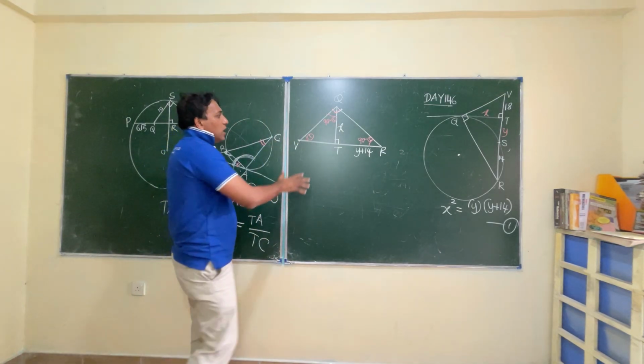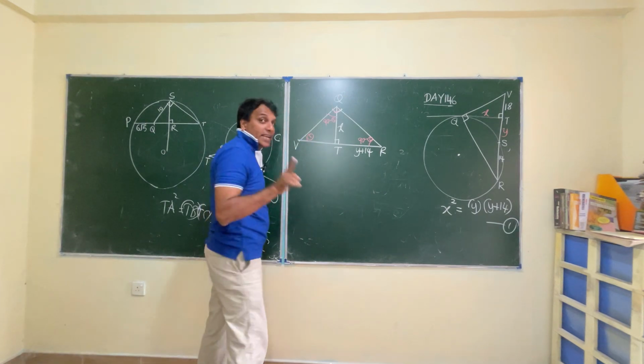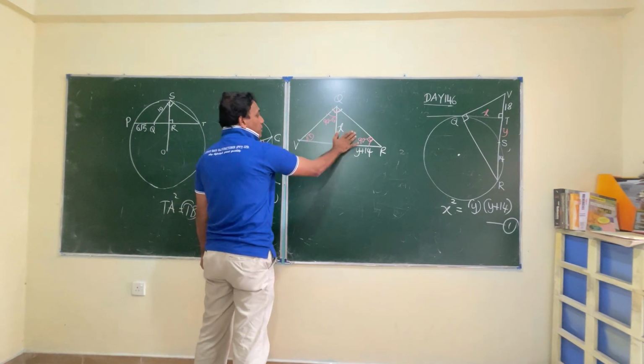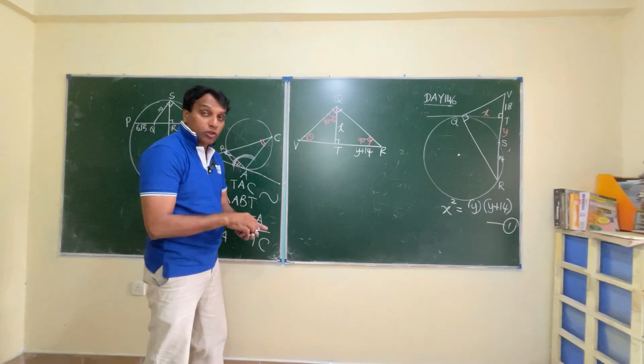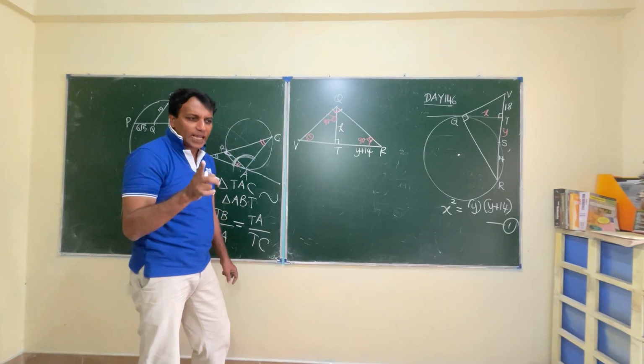Therefore, this triangle is equiangular, so their corresponding sides are proportional.